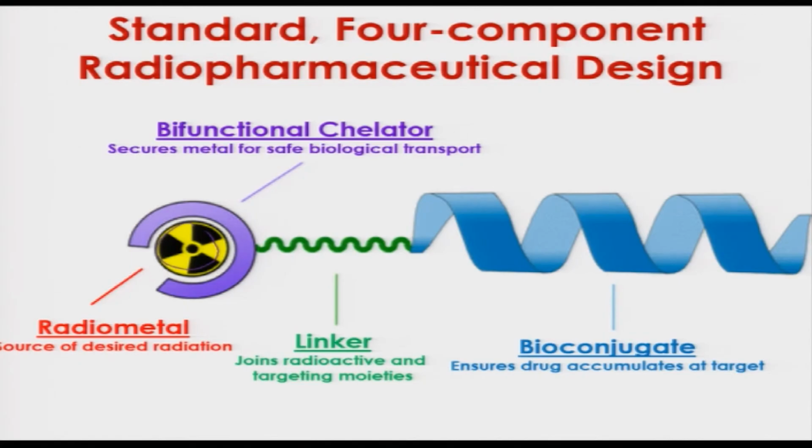The bifunctional chelator chelates this radioactive metal ion and secures the metal for safe biological transport. Here this is a linker which joins the radioactive and targeting moieties. Bioconjugates are shown over here which ensure the drug accumulates at the target only.